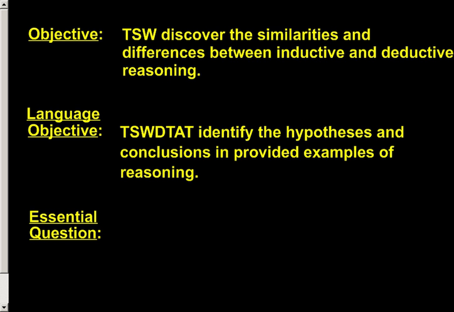You're probably already familiar with some terms like hypothesis and conclusion from your travels through science class. You're going to find that it has a lot of the same meaning in mathematics. Just might be a little bit more information-based here in geometry than it was scientifically or experiment-based in science.